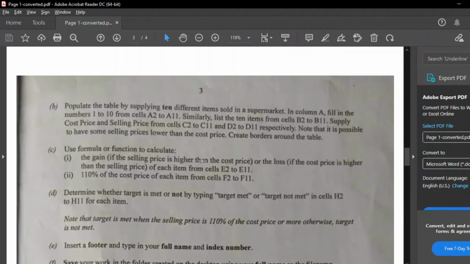All right, jumping forward. Now determine whether target is met or not by typing "target met" or "target not met" in cells H2 to H11 for each item. So we are to type it ourselves. Note that target is met when the selling price is 110% of the cost price.